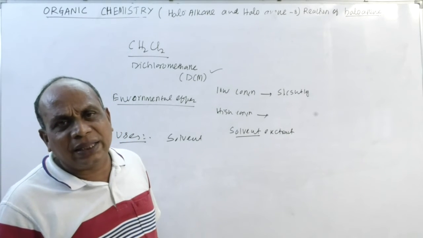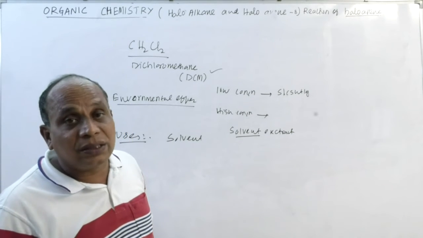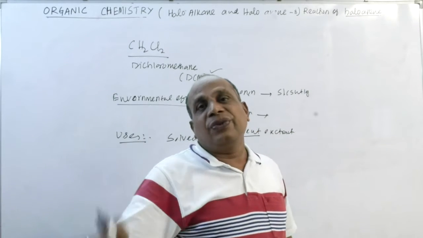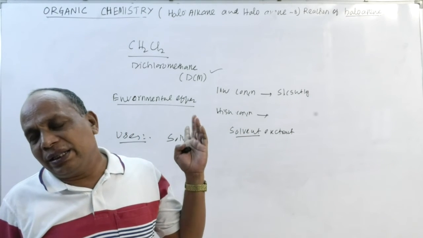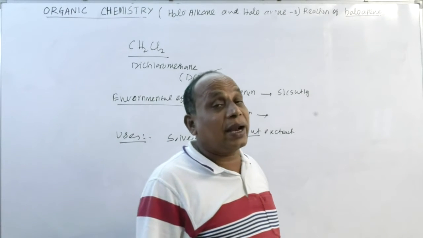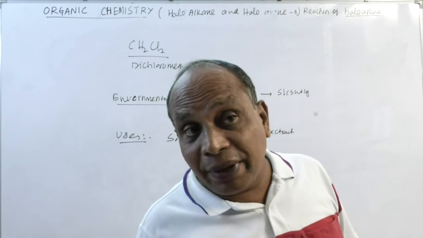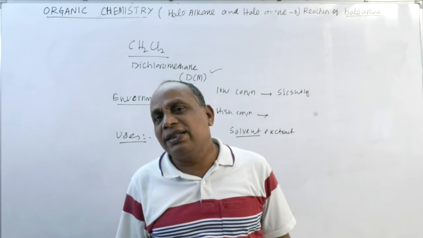DCM is also used as a paint remover. You know thinner, you know what the thinner is? You add thinner to paint to make it less thick, and DCM is used as a thinner. And it is a propellant in aerosol sprays. Propellant means it can carry the different reagents in the air.